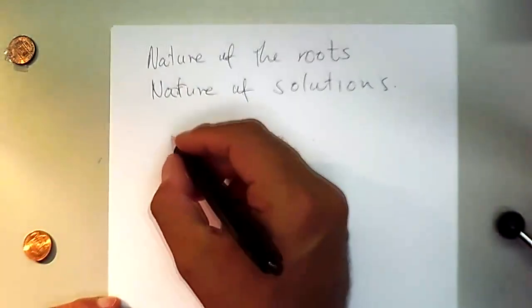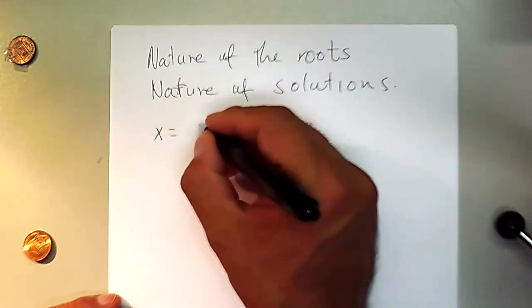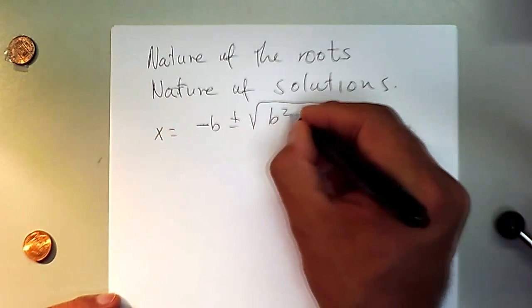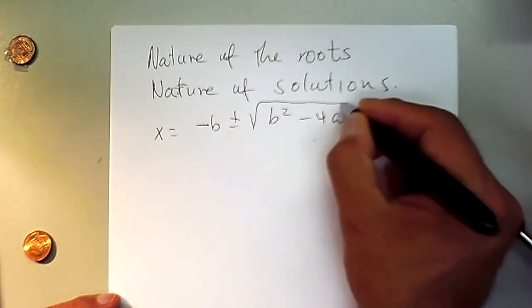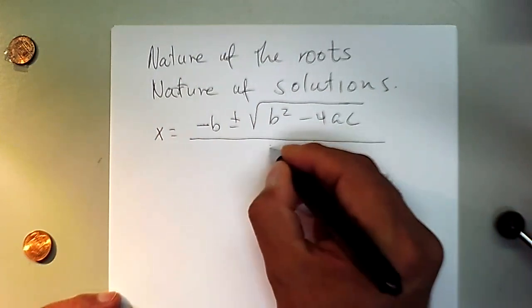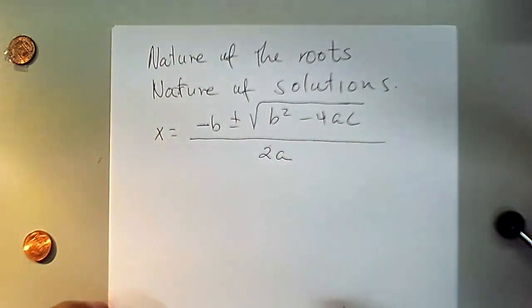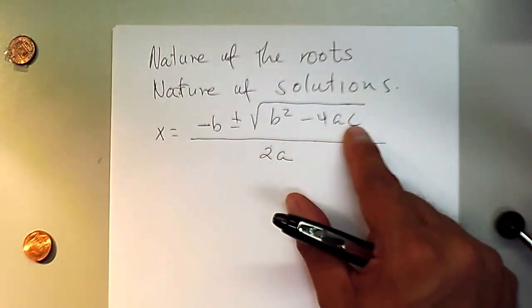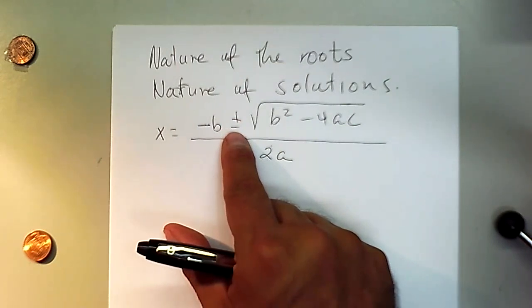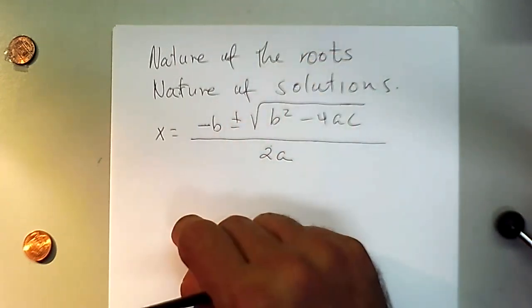The quadratic formula uses the square root of b squared minus 4ac over 2a. If this happens to be 0, then there's no plus minus to do. So then we have only one root.